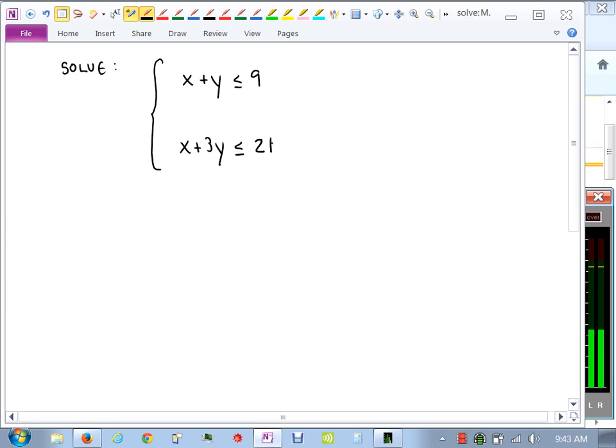Now, what is this? Let's at least get the language correct here. What are we looking at? We have two variables, but what are each of those individually? Linear inequalities, right? Not linear equations, linear inequalities. So we have two linear inequalities and two variables. Since we have two of them, it's a system.